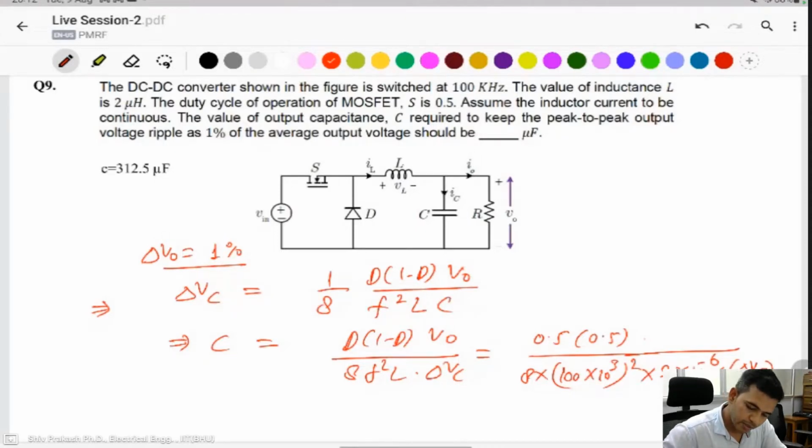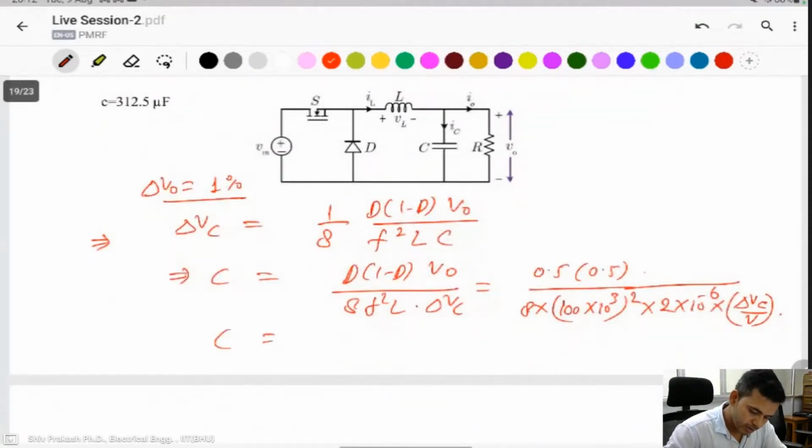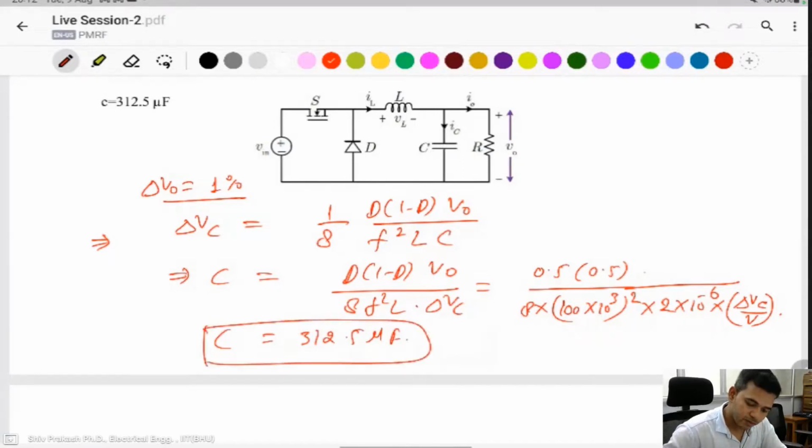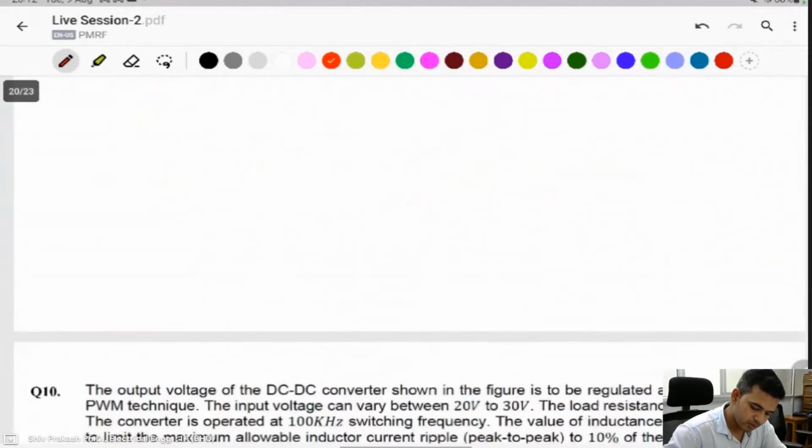Put the value here, 1%, then calculate all the things and you find 112.5 microfarad. Simple calculation, you can calculate this.